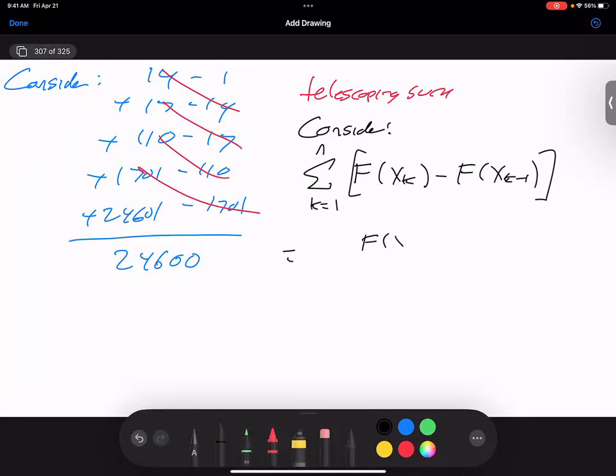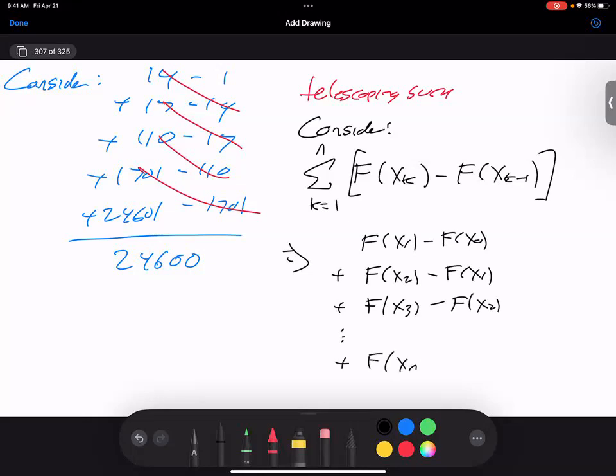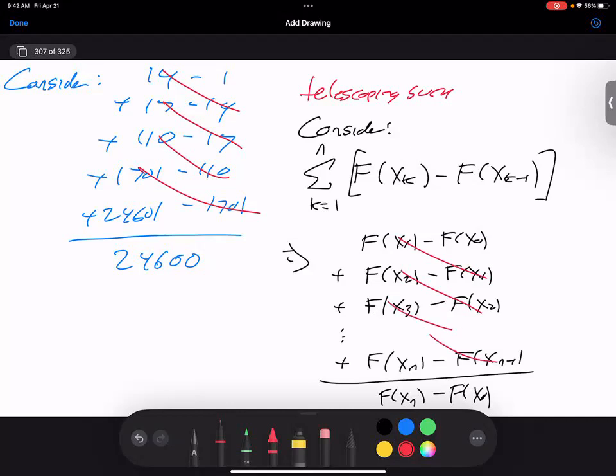This would be f(x_1) minus f(x_0), plus f(x_2) minus f(x_1), plus f(x_3) minus f(x_2), dot dot dot, plus f(x_n) minus f(x_{n-1}). What would this sum equal? Excellent, f(x_n) minus f(x_0). It's a telescoping sum.